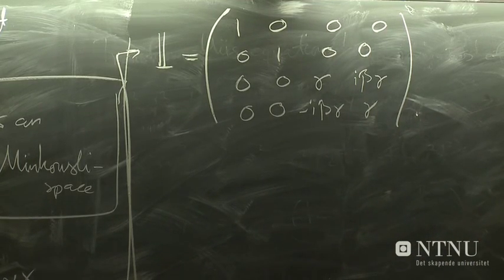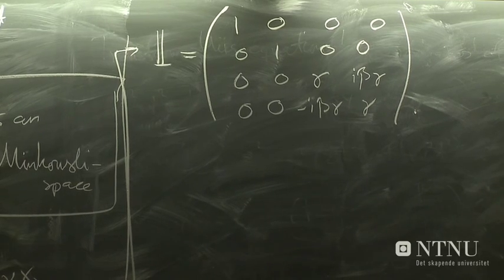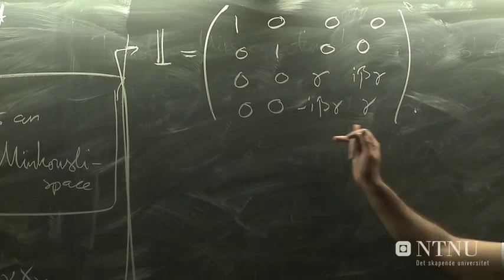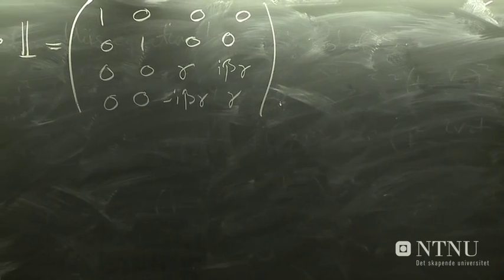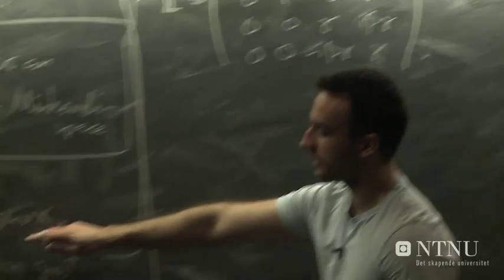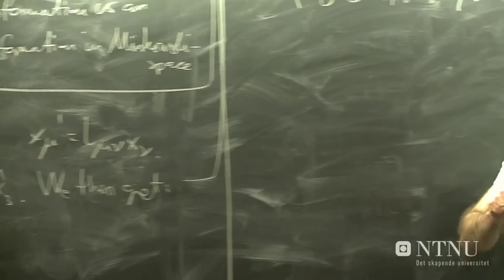By inspecting the set of equations that we wrote down, we can then identify the following matrix just by considering each element and how it couples to the coordinate.